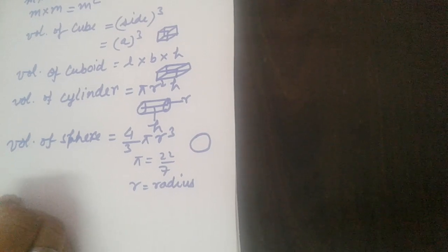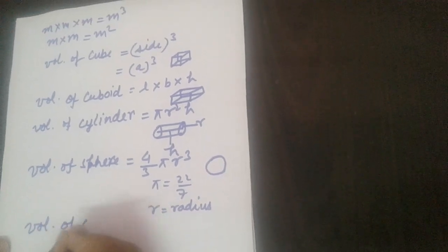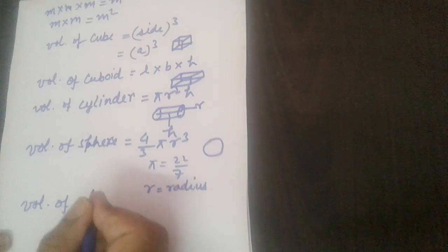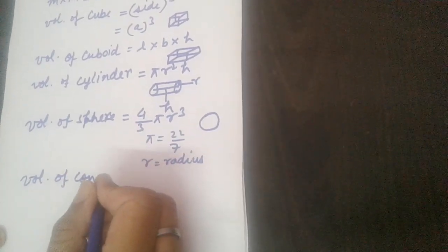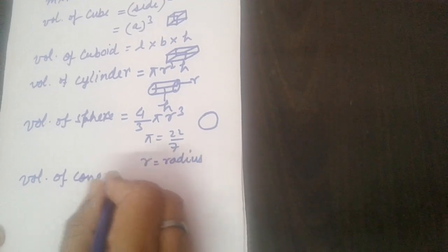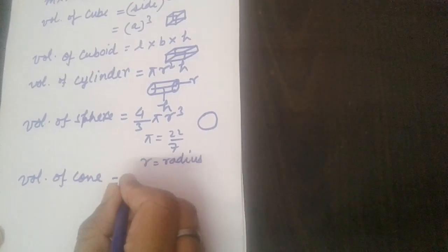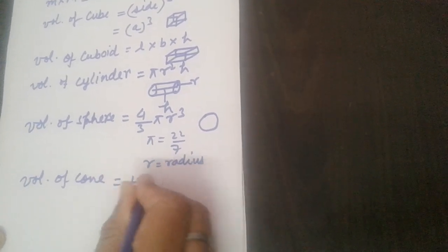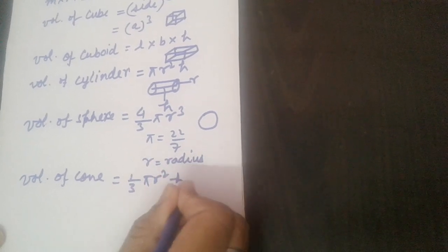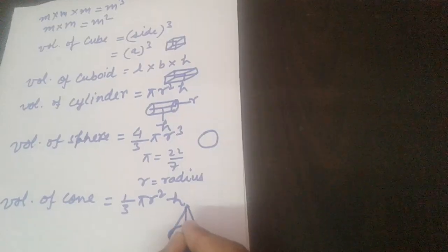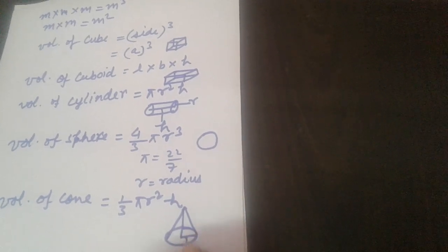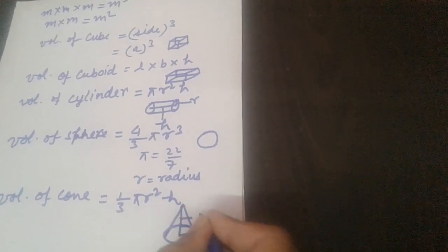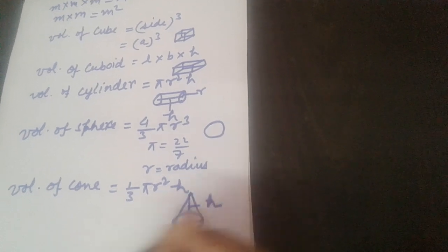Now volume of cone, it's shaped like a happy birthday cap. Children wear the cap in the happy birthday. So this is equals to 1/3 pi r square h. Now this is the radius and this is the height.